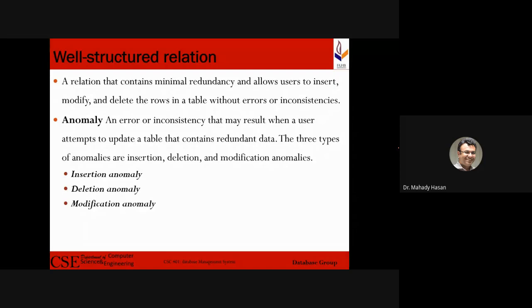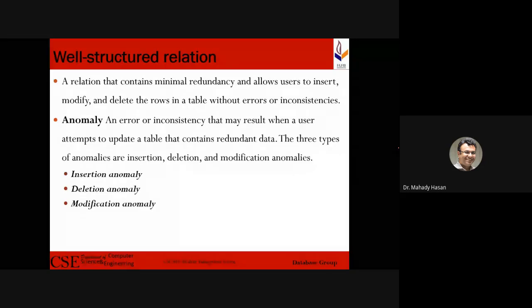For example, if you want to delete something and we have a primary key and foreign key, you can't remove the primary key entry unless all foreign keys are removed.